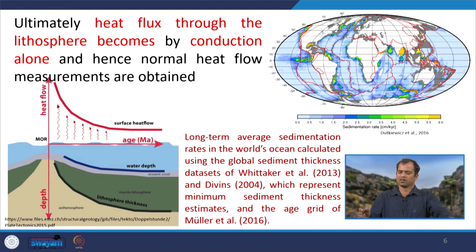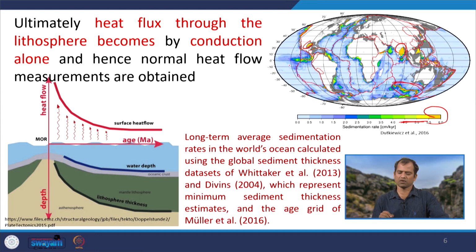Here, the rate of sedimentation in the global oceans is presented and the scale is given. We find high rates of sedimentation here, here and here. Along the mid-oceanic ridge, for example in the southeast of the Indian Ocean ridge, the rate of sedimentation is high as compared to the other parts.